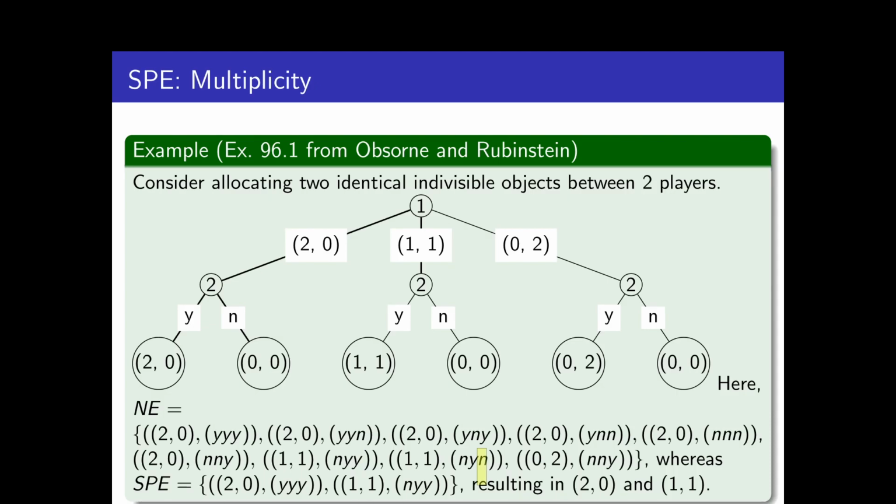In any case, both in NY and NN, player 2 is best responding to 1-1 because it accepts it, and player 1 is best responding to this offer because the best offer that player 2 accepts is 1-1.